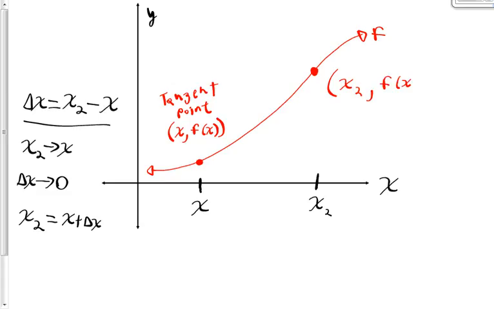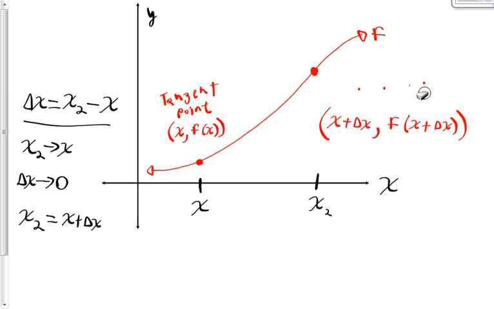But I'm going to replace x2 and f of x2 with what they equal: x2 is x plus delta x, and the other coordinate is f of x plus delta x. This represents the same thing because x2 is in fact x plus delta x from the definition up here.